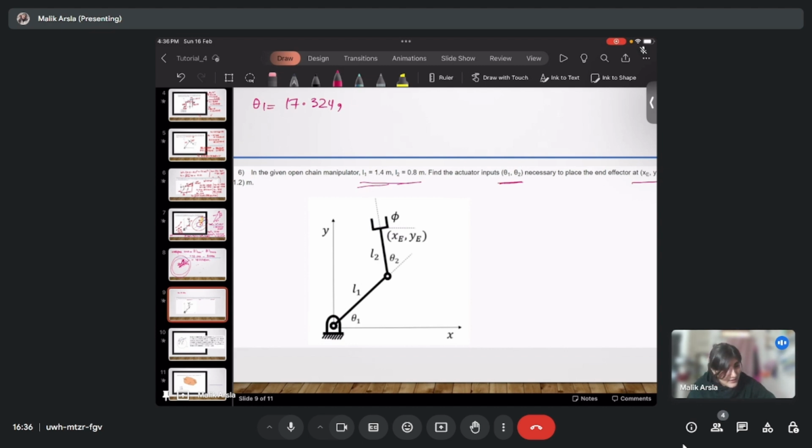It can be either 17.324 or 59.995, and corresponding to 17.324, theta 2 will be equal to 56.3108, and corresponding to 59.995, theta 2 will be 303.689. So does someone's answer match with these?